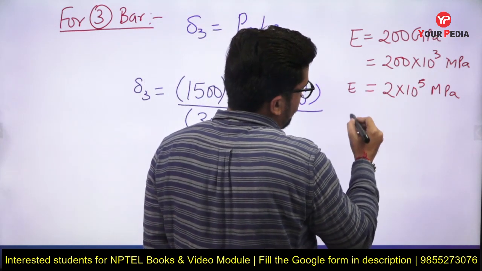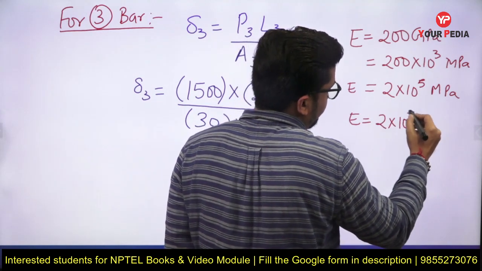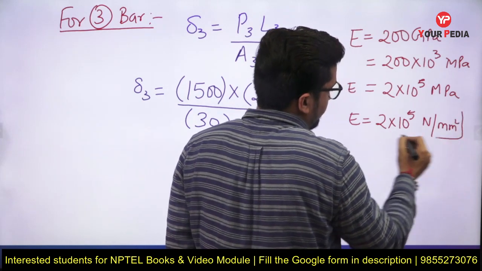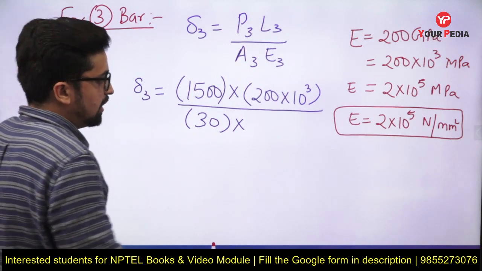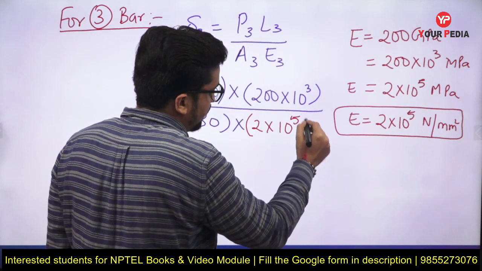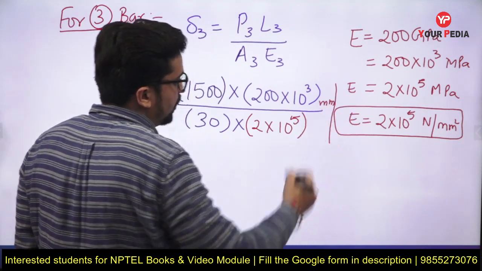So similarly, E will be equal to 2 into 10 raised to power 5 Newton per mm square. Now we have the same units in the E as well, and this whole deformation will come in mm only.